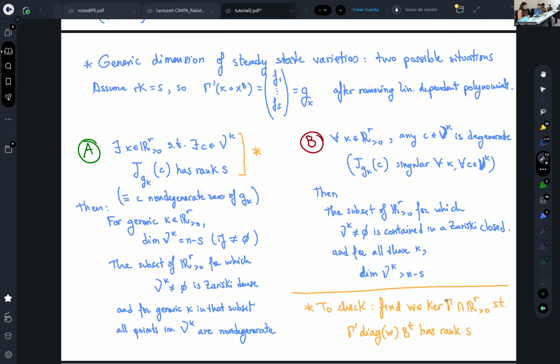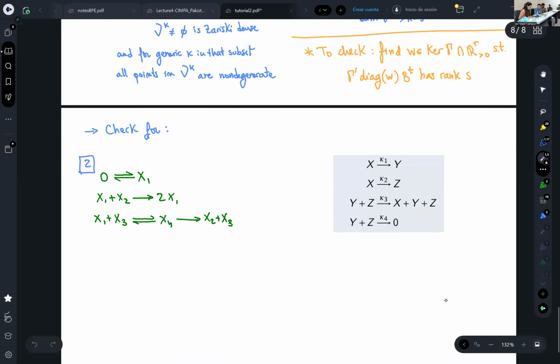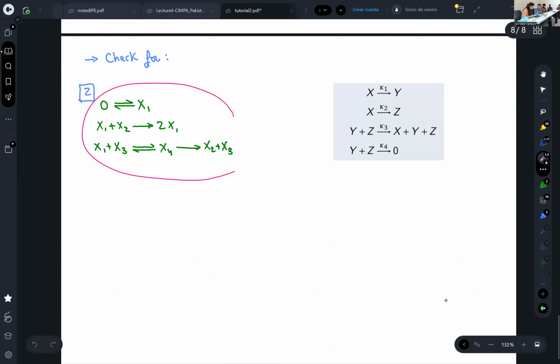So maybe I can show the computations for one of those networks in the remaining time, because there's not so much time for working groups or anything. You all have this network with you.